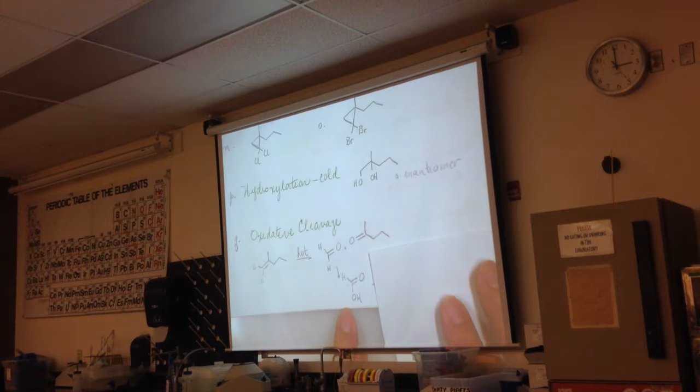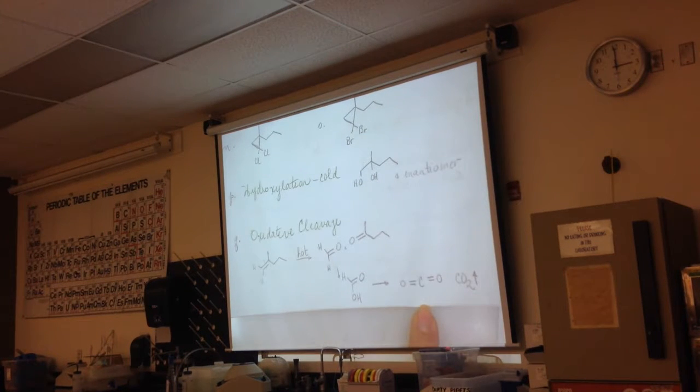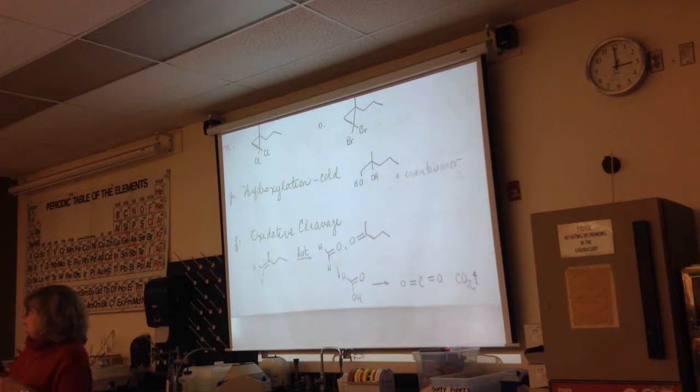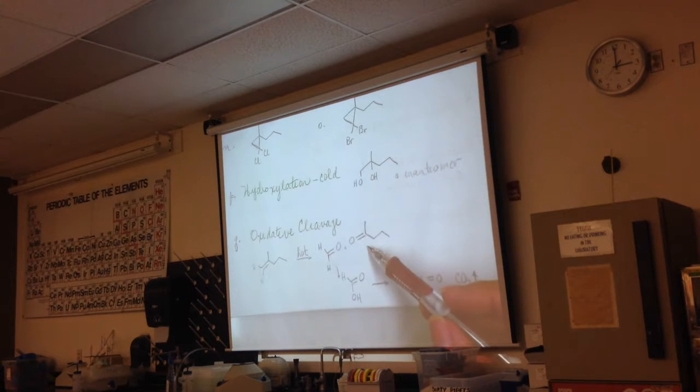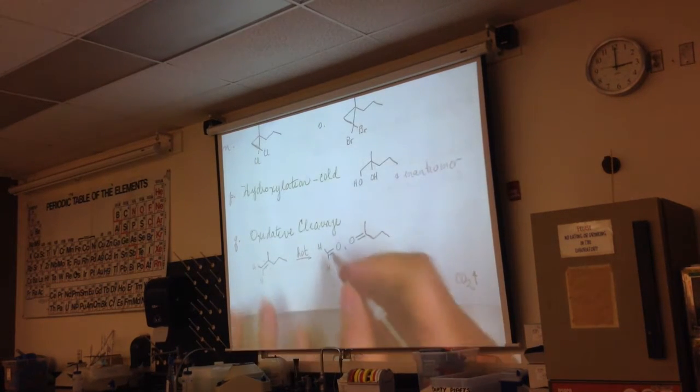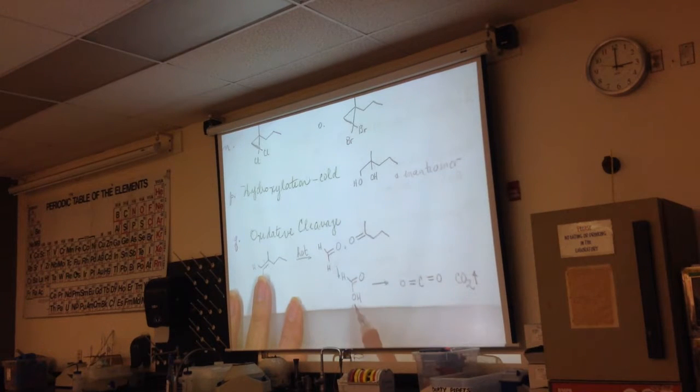Formaldehyde goes to the carboxylic acid. You can't stop, it goes all the way to CO2. It continues on and on. If you have a ketone, the ketone cannot be oxidized any further, so you stop right there. But your aldehydes continue on to a carboxylic acid, and if the other side has the hydrogen, that's why it goes to the CO2.